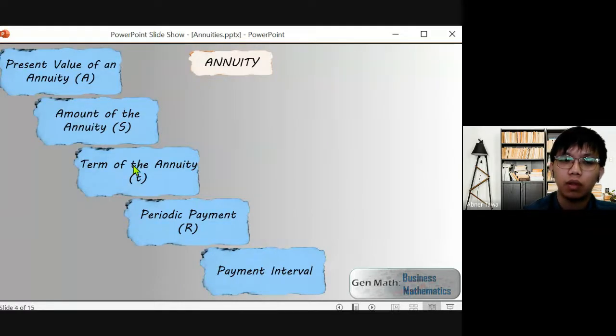So we have here the following terms that we're going to encounter later on sa pag-solve ng annuity. Okay, so I do hope do you have any clarification on these terms? So always remember the symbols we're going to use for present value of annuity and then amount of annuity until the periodic payment.